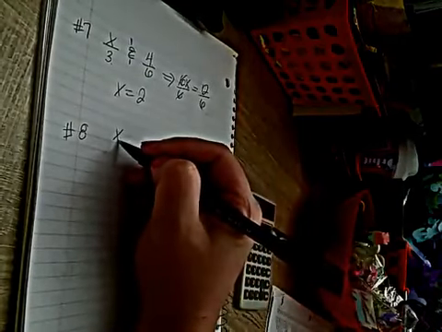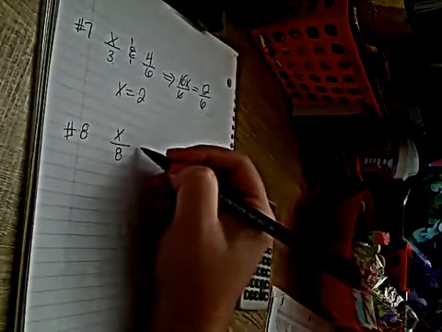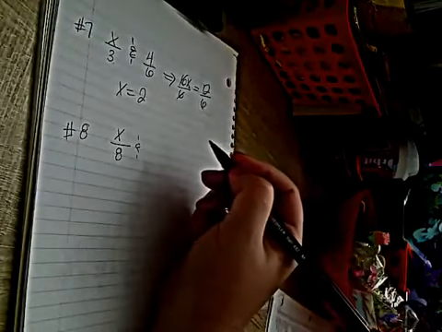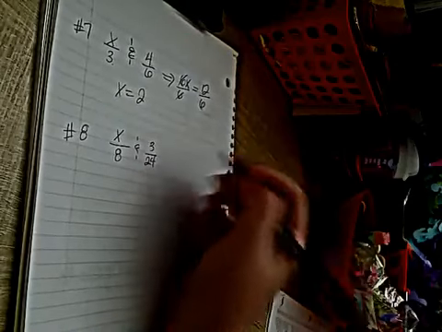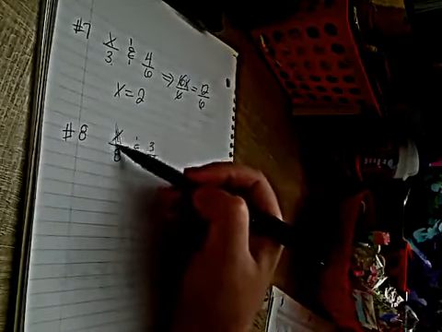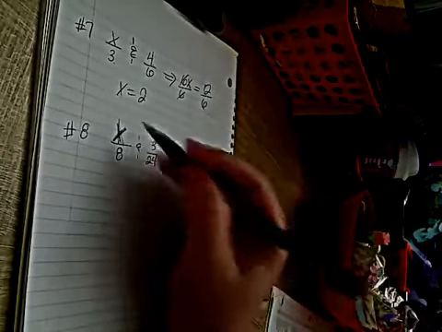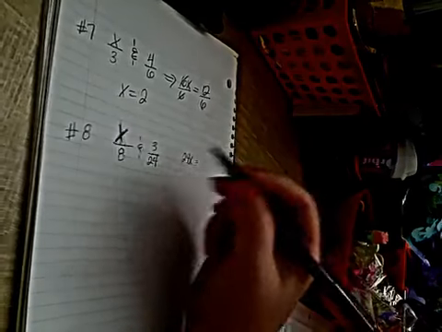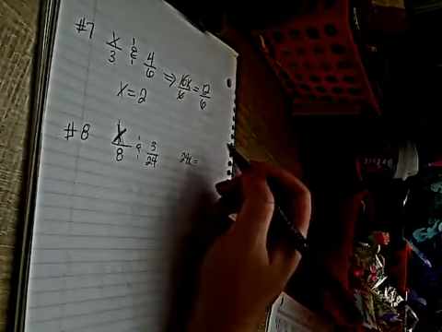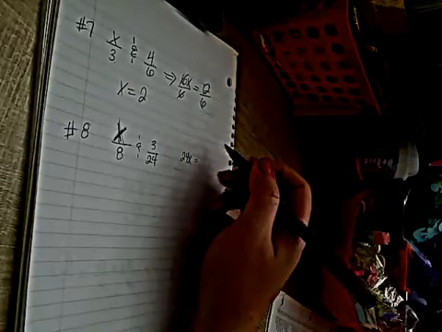Let's do one more. Number 8, x, which is the blank, over 8, equals 3 over 24. Whatever you don't know becomes the x. Then you crisscross. 24x equals 8 times 3, which would be 24.